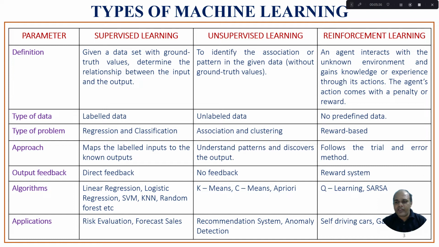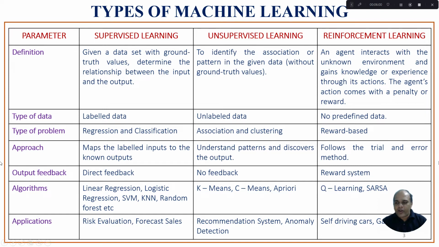In reinforcement learning, there is no predefined data, and it is a reward-based problem. Each action comes with a reward or penalty. The sequence of operations performed by the agent should obtain a reward, which means it is trying to reach the goal in a better form.